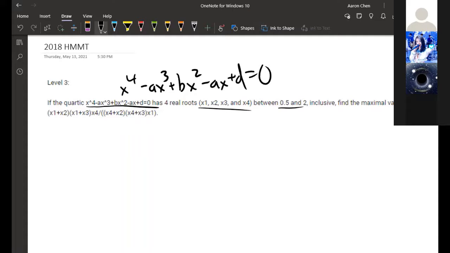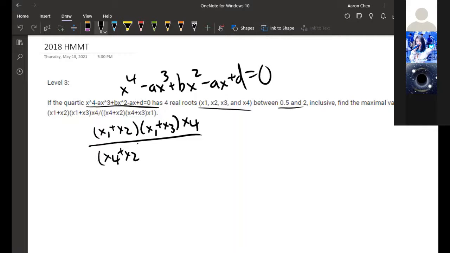And so we want to find the maximum value of (x1 + x2)(x1 + x3)x4 over (x4 + x2)(x4 + x3)x1.